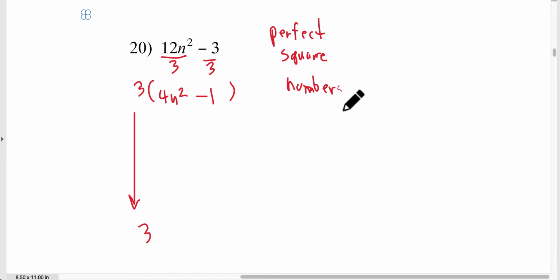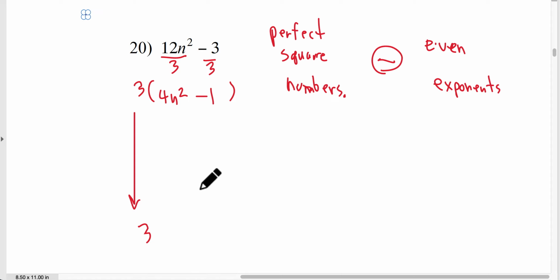Pardon the penmanship, the pen is slipping. Perfect square numbers. Then we check for subtraction. And we also check for even exponents. So once we know we have all these 3, then we know we are good to go with difference of perfect squares.